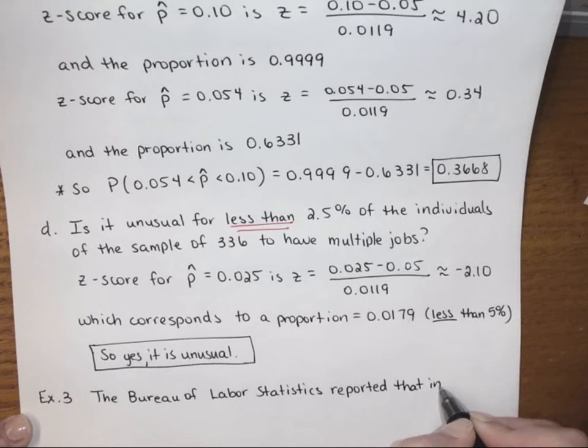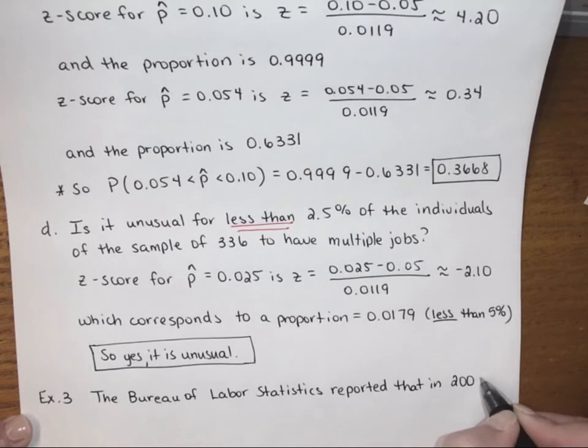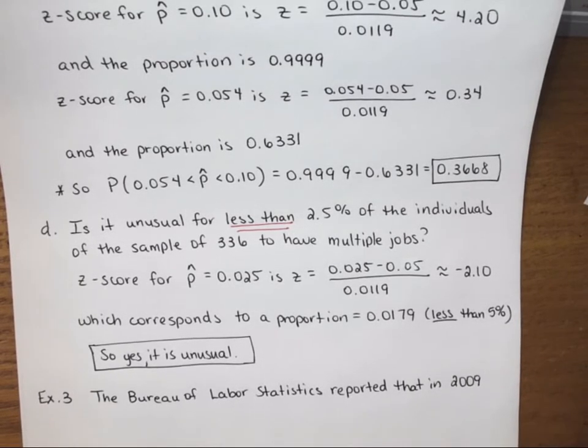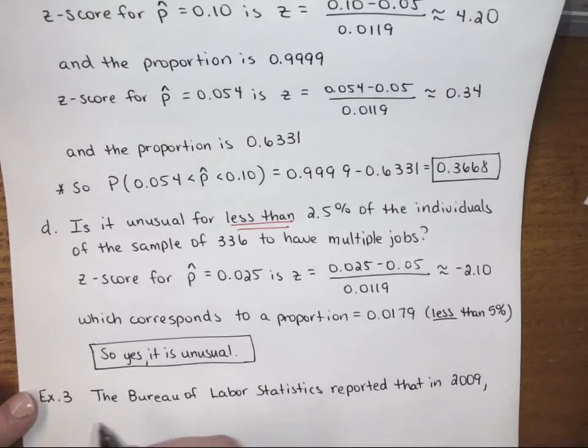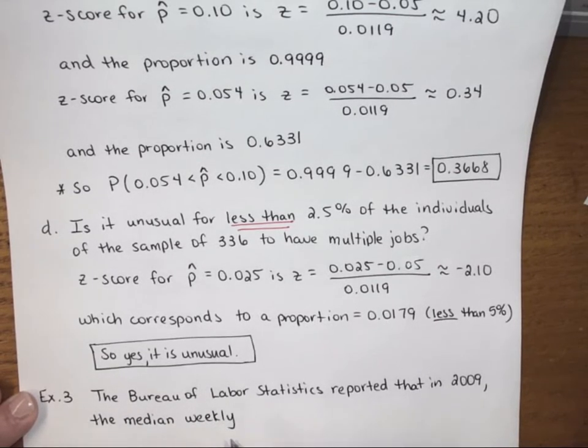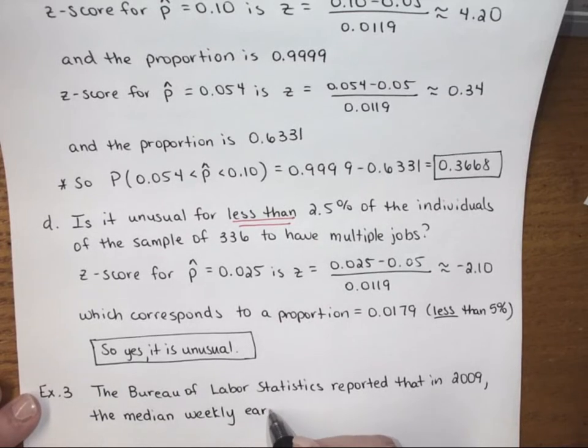This bureau has all kinds of stats per year, the unemployment rate for the year, for the quarter, for the month even. They also have kind of what the middle of the road person in America made in their job.